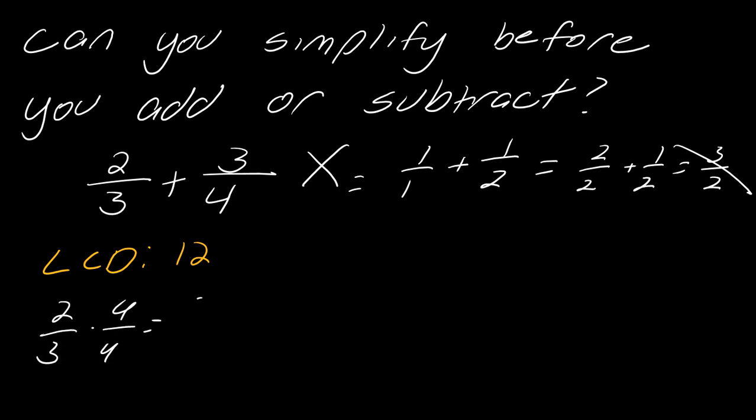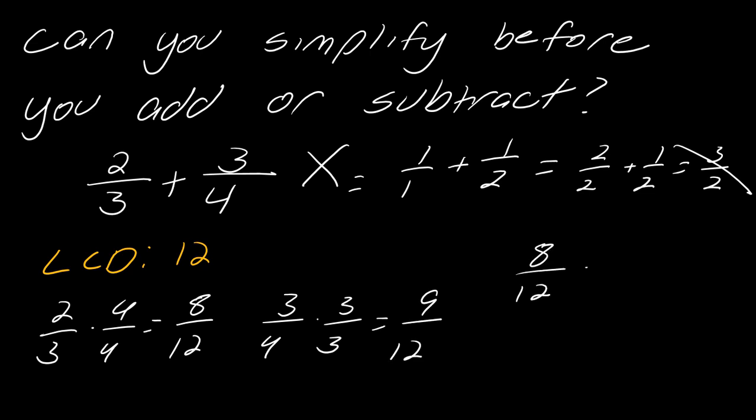I'm going to multiply by 4 over 4, so this is going to be 8 over 12. And my 3/4, so this is going to be 9 over 12. So what is this? This is 8 over 12 plus 9 over 12, so this equals 17 over 12. So 17 over 12 is not equivalent to 3/2.